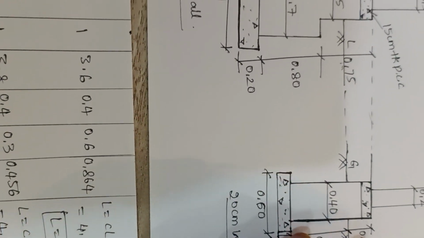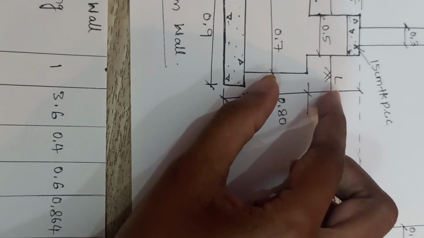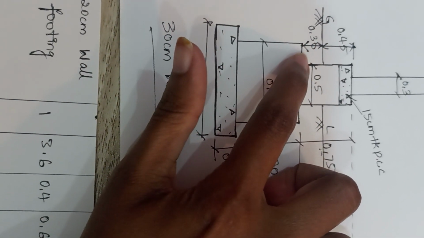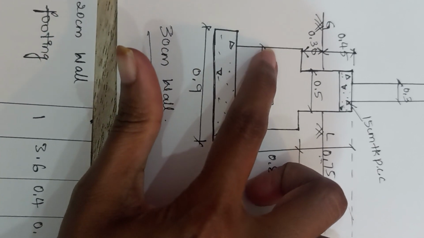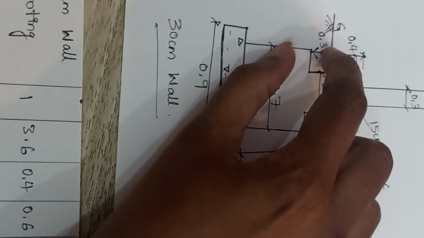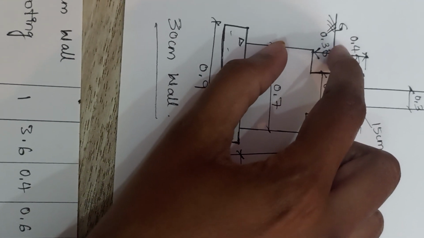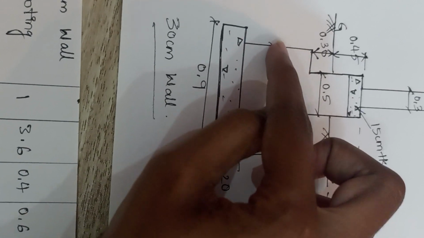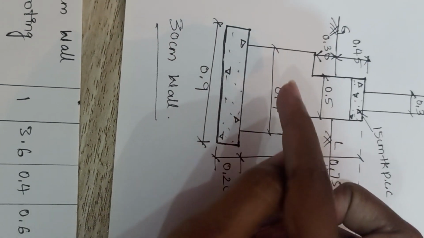The same depth you need to check in the 30 centimeter distance. Here you have 0.3. If you consider one more 0.3 somewhere here, you will be getting a total of 0.6 height somewhere up to this level. So up to this depth, what is the corresponding width you have, that you need to note down.